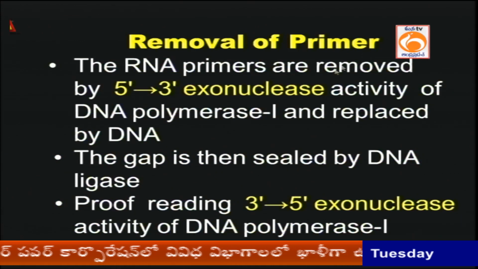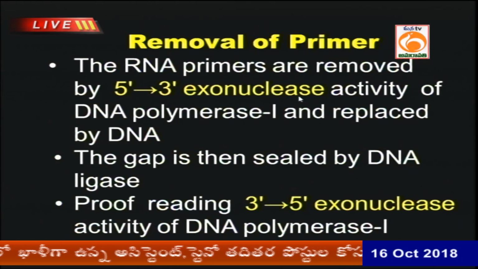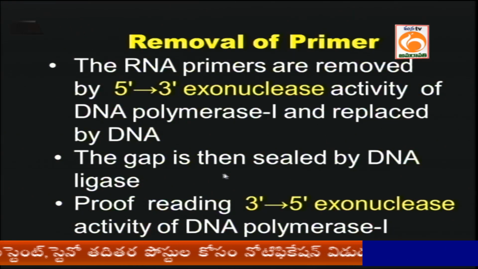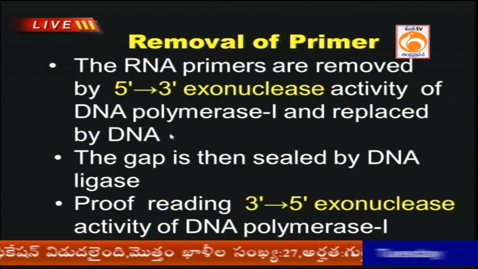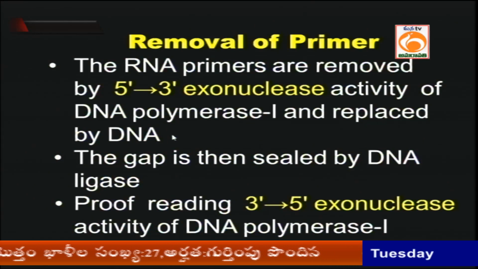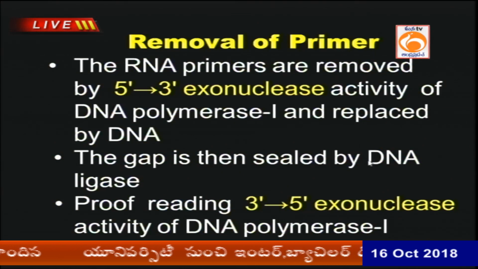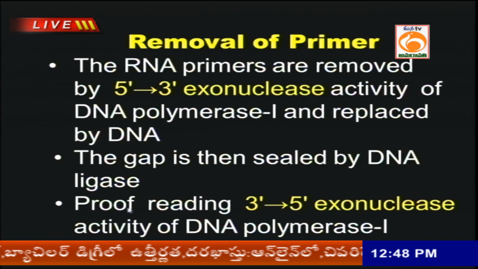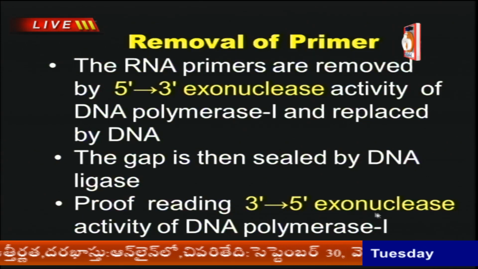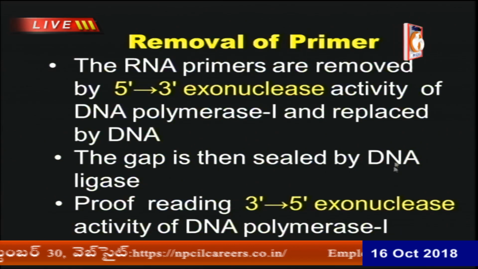So, it is removed by DNA polymerase 1 with its 5' to 3' exonuclease activity, the gaps are replaced by new DNA strand by the polymerization activity of this enzyme, and then the gaps are sealed by the enzyme DNA ligase. Meanwhile, proofreading is done by the 3' to 5' exonuclease activity of DNA polymerase 1.